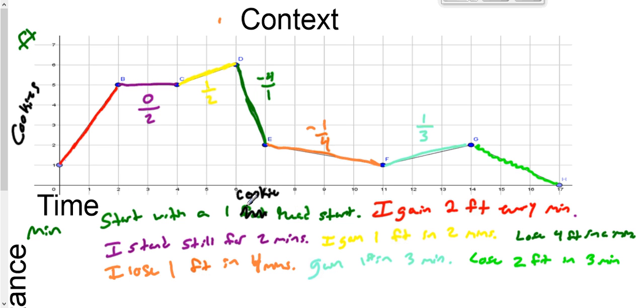So I start with 1 cookie, would be a head start, even though it'd be kind of funny if we did have a head start for cookies. I have to gain 2 cookies every minute. I then stand still for 2 minutes. I gain another cookie. I lose 4 cookies. I lose 1 cookie. Gain 1, lose 1. All based on our variables that we have listed in our problem.